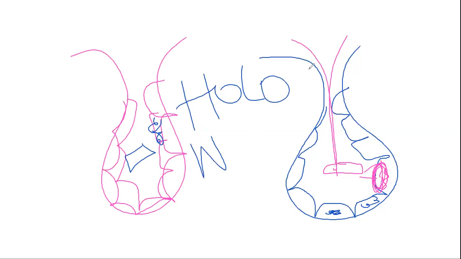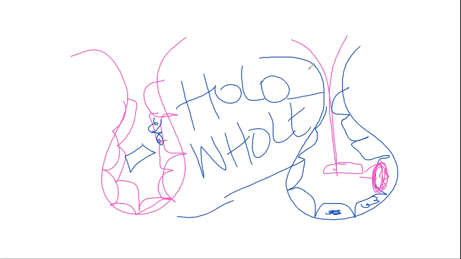Holocrine, I sacrifice what? The entire cell. So merocrine, there is no cellular sacrifice. Apocrine, the top of the cell is used as a transport vehicle. Holocrine, the entire cell is released and then replaced from underneath.